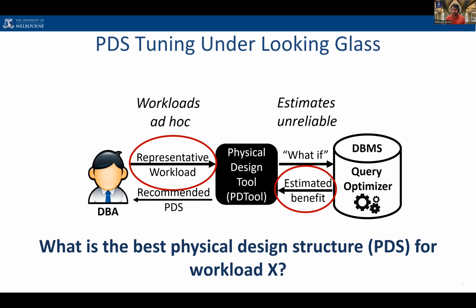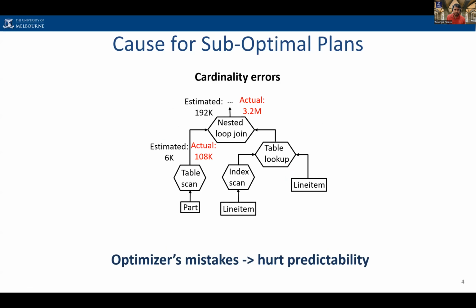To further understand this problem, let's take a close look at an example of a suboptimal access path choice. This example shows an access path chosen by the optimizer for a query that joins two tables. The optimizer has chosen a nested loop join as the join operation. As you might already know, in a nested loop join, for each tuple we get from the outer relation, we need to do a lookup in the inner relation.